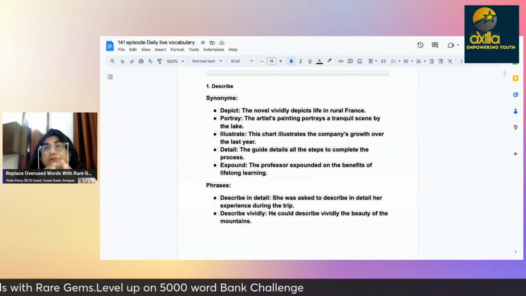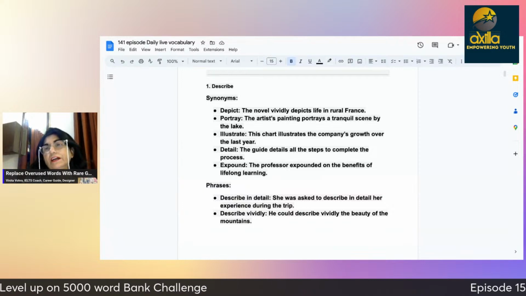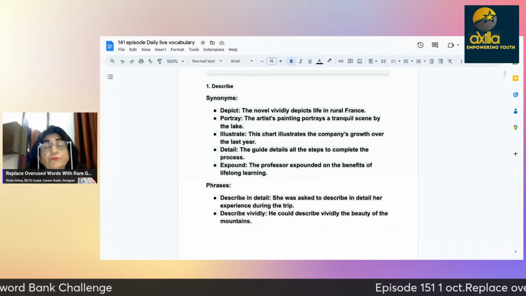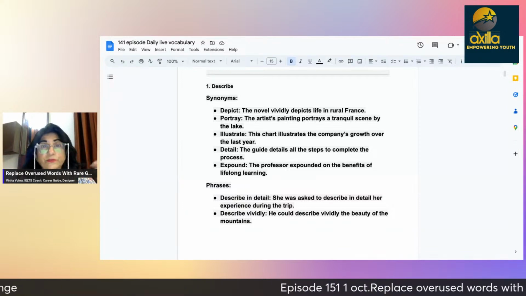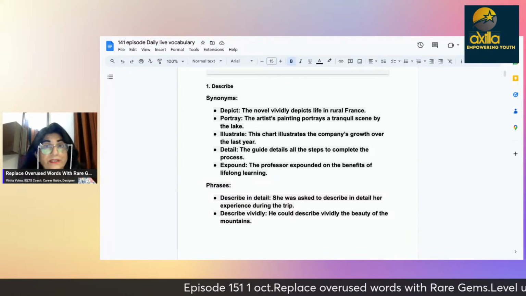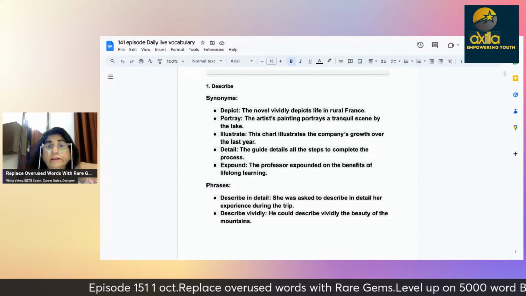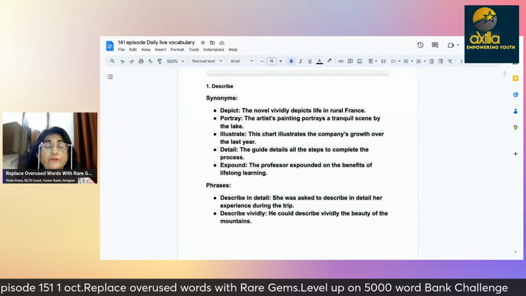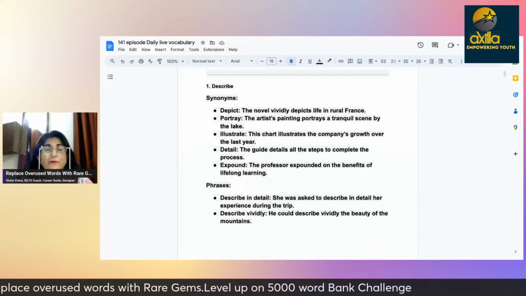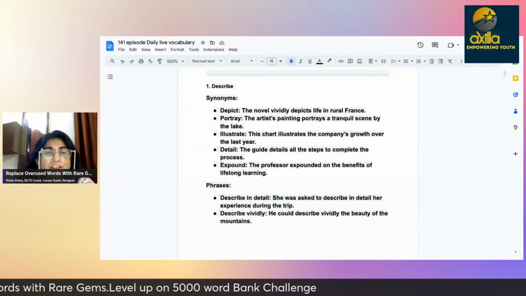Describe basically means you have to go in detail and cover every aspect of whatever is asked or whatever you plan to do. It could be depict, it could be portray, it could be illustrate, it could be detail, or it could be expound. Expound is a very, very close synonym to it.